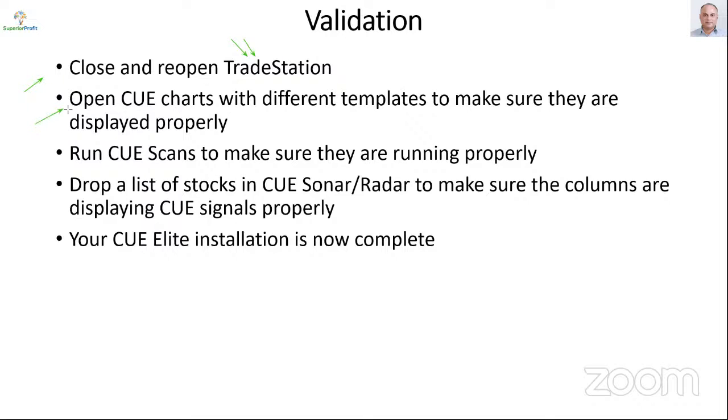After opening QElite and looking at the Q charts, run a few Q scans, drop a list of stocks on Q sonar. There are different sonars or radar. If all of them are displaying properly, then your Q installation is complete. Let's go through the validation.